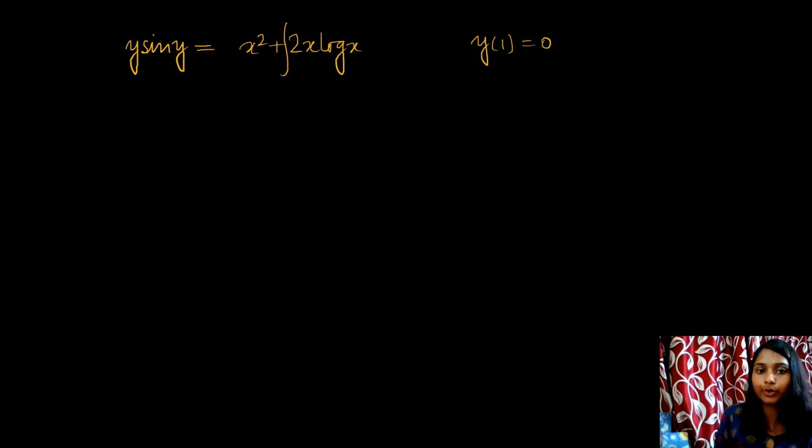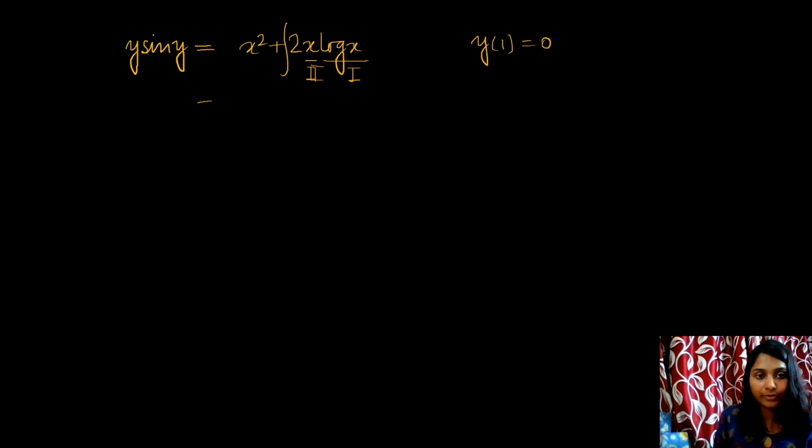Again we need to use integration by parts in this case. We can take this as function 2 and this as function 1. We are taking log as function 1, because we do not know the integration of log, but we know the integration of x.